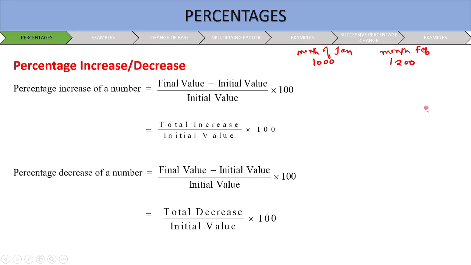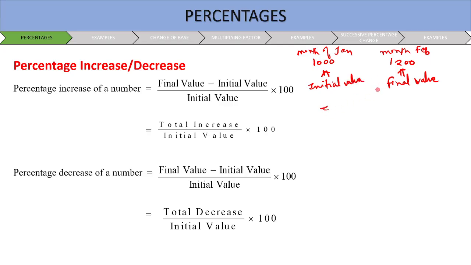You got your salary increased to 1,200. So what is the percentage increase? Your February month salary will be your final value. Your January month salary will be your initial value. Correct?